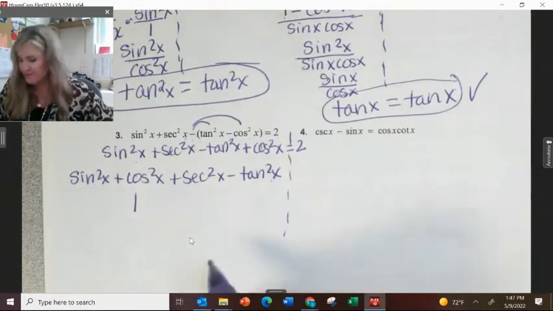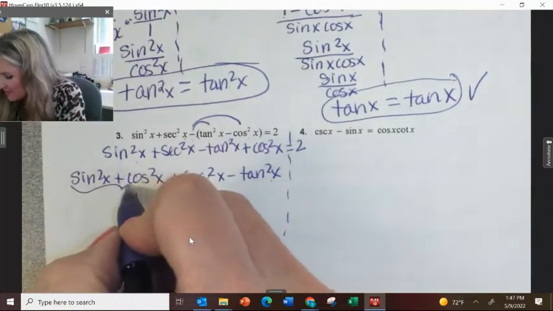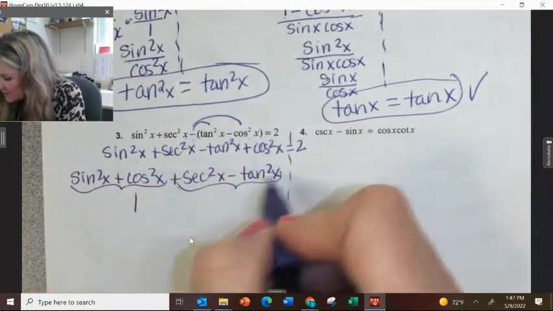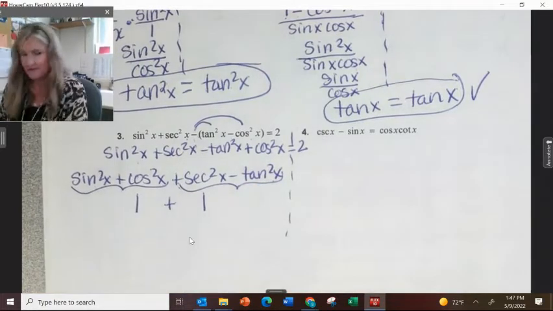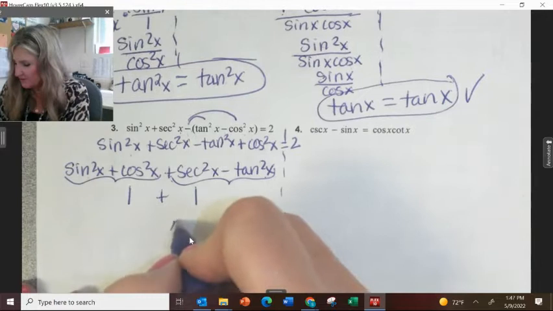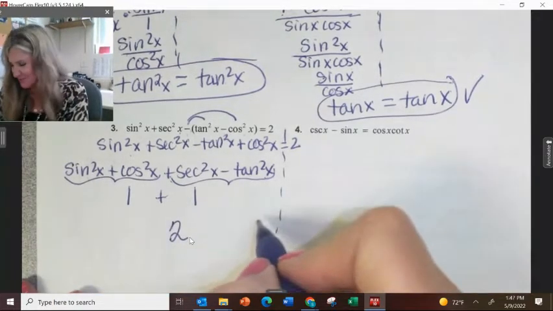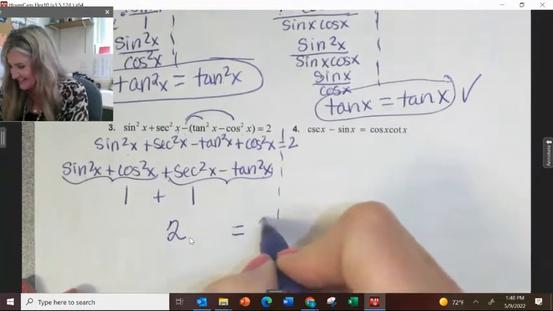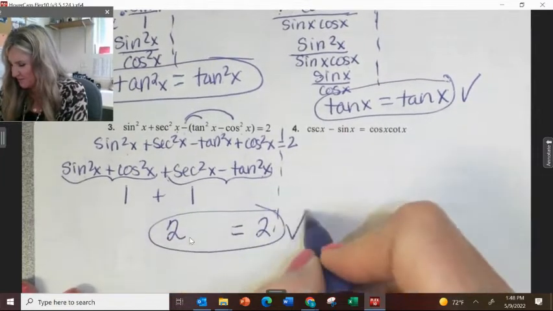Yes. So therefore, this got replaced with a 1. This gets replaced with a 1. Do we have it? Yes, we do. As long as 1 plus 1 is 2, we've got it. So there we go. We proved it. We're done.